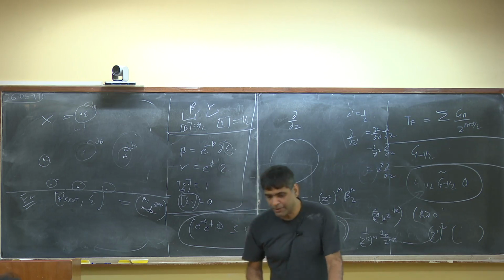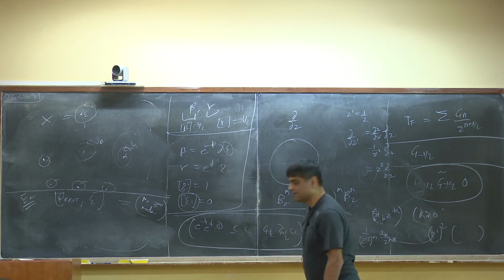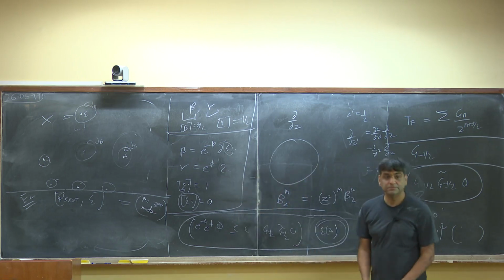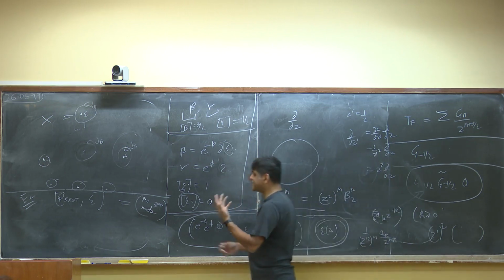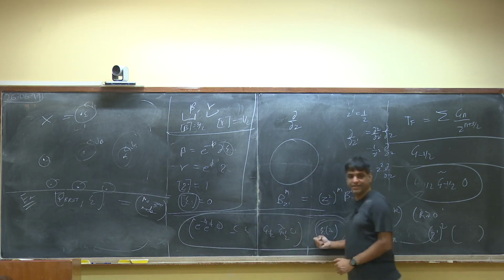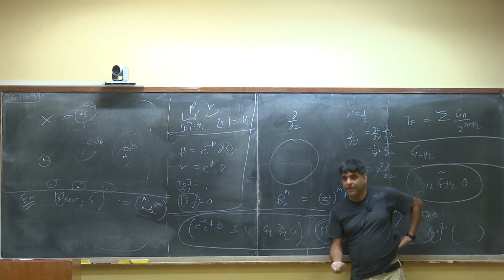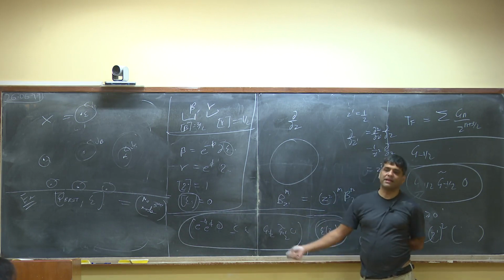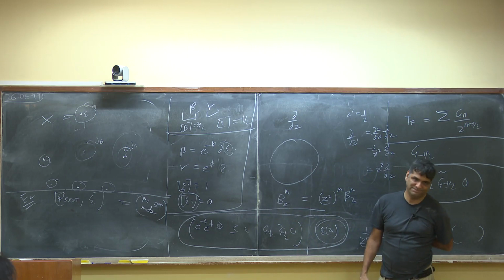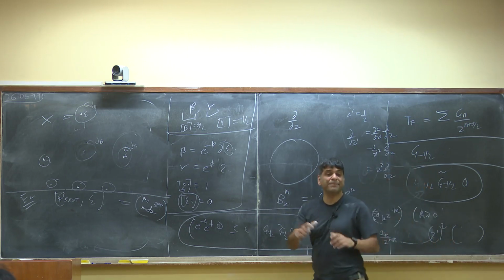Now I want to argue that it is still true, even though we made this insertion here, that the insertion of any BRST trivial state under the path integral gives you 0. Why did it happen to be 0 before?